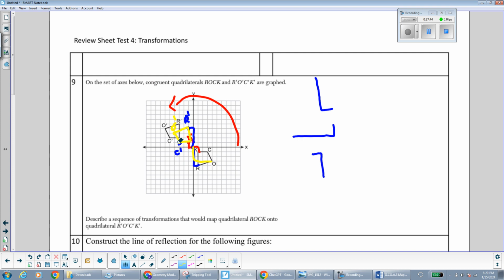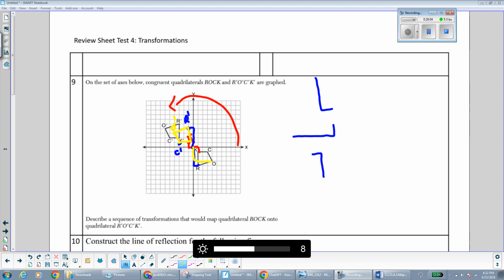And this is a little messy here because I have a marker on here, not a pencil. But as you can see, it doesn't exactly match up. So this is also going to require a translation as well. And it looks like the translation is going to be up 1 unit, left 2 units.